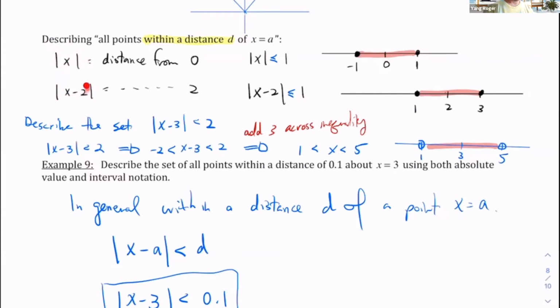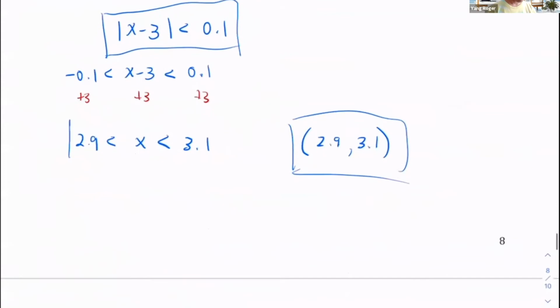So when I see this x minus 2, I'm thinking a horizontal shift over by 2 units. If you look at our picture, we started off from -1 to 1, but if we shift everything over to the right by 2 units, we go from 1 to 3. So this can be thought of as a horizontal shift. Instead of finding the distance from 0, find the distance from wherever we shift it to. Does that make sense?